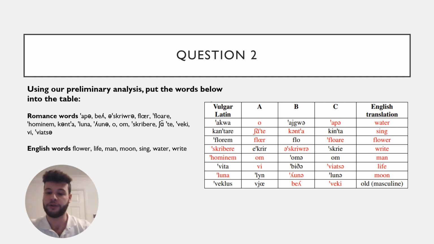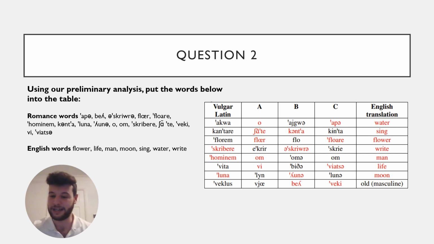So you could put these bottom two words into language B. And you could also see that language C seems to preserve the vowels a lot more, so it has these longer fluare, viazza kind of words. They obviously are a better fit there than language A, so it's very much a logical process of elimination to find the right answer.